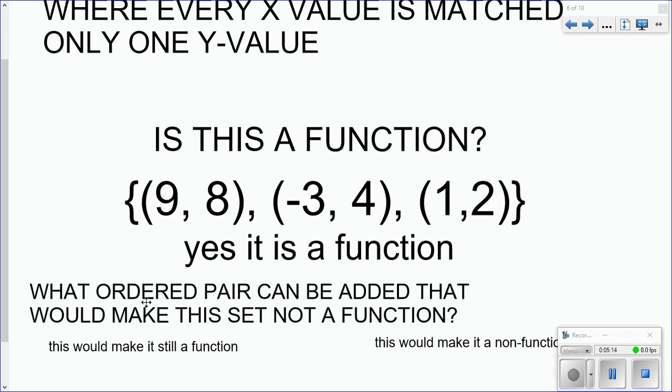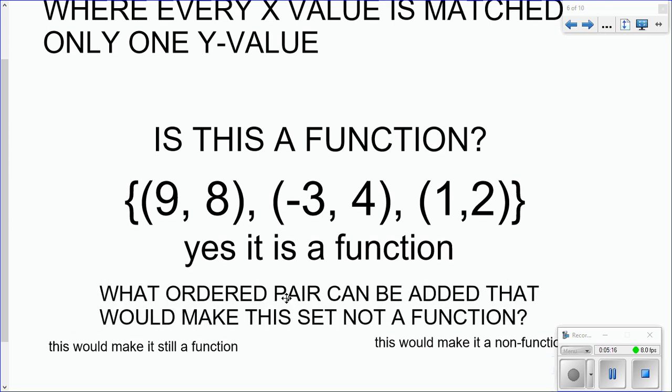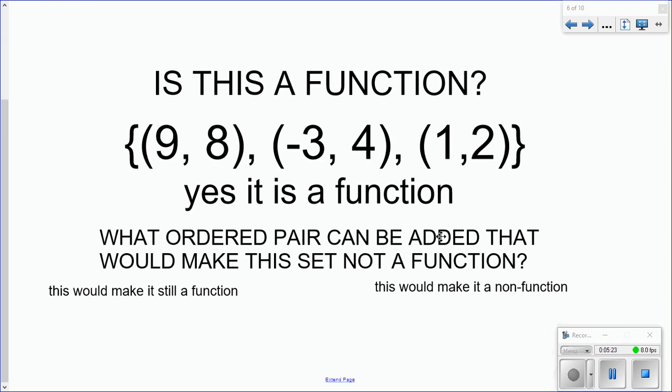So, what ordered pair can we add to this that would make this set not a function? Well, let's first think, what ordered pair can we add to it that would still make it a function? If we did some different x, like 2, we could add in a 2 comma something, like 2 comma 2.